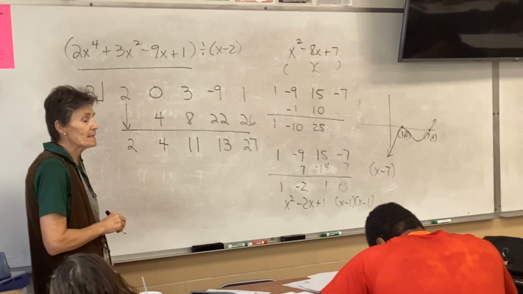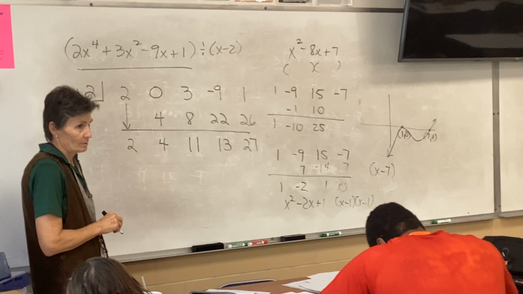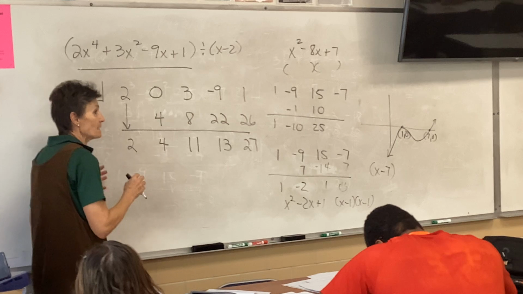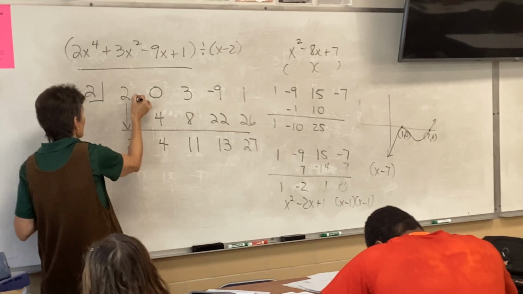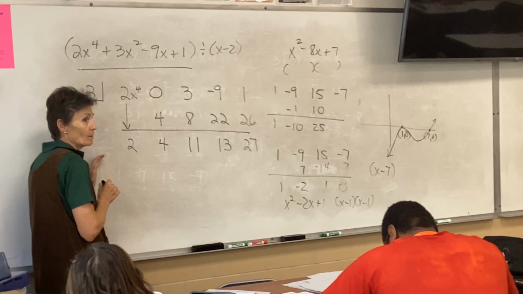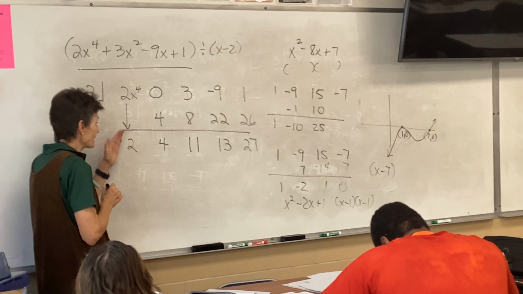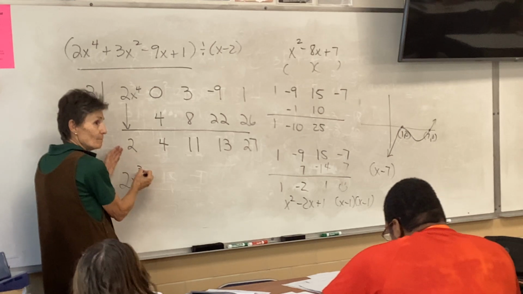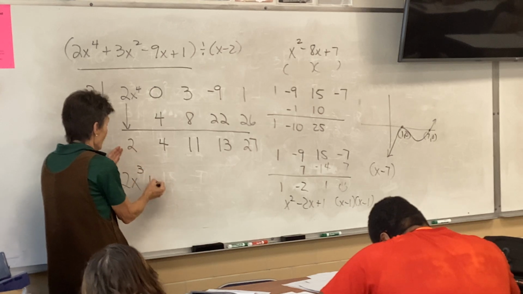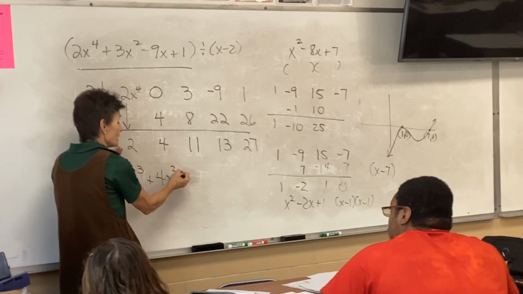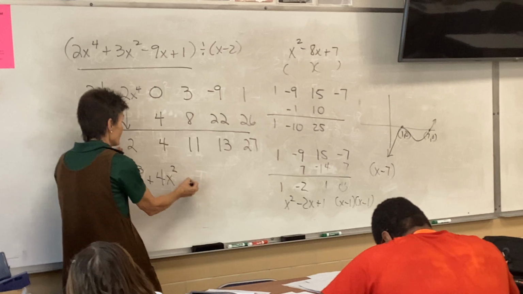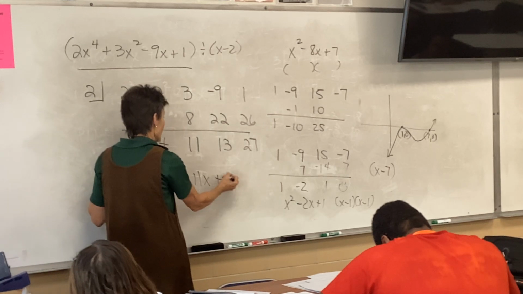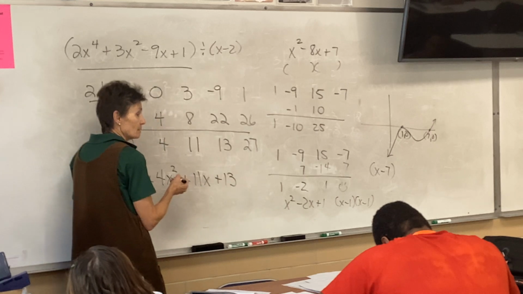Now I need to write my answer. Okay, this I'm just straight dividing. So what did I end up with? Remember, this first one was x to the fourth. So what is it after I do a division? 2x to the third? Yes. Plus 4x to the second, plus 11x, plus 13.